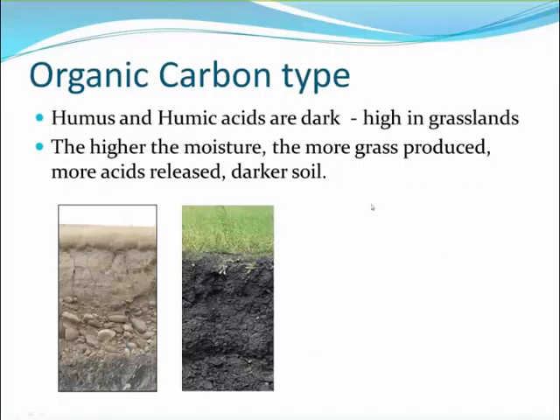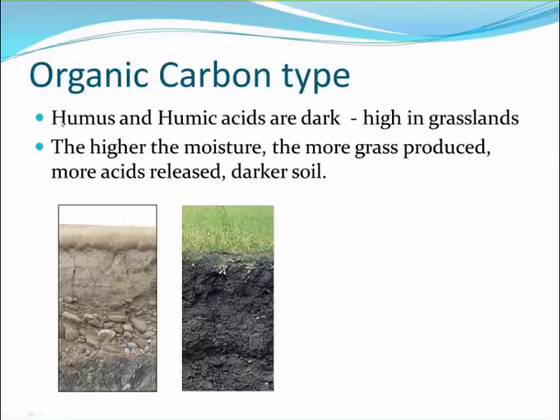So under organic carbon type, we have several different types, but let's look at grassland soils here. There are two pictures of grassland soils. The one on the left is semi-arid grassland, so there's not much moisture and not much carbon being produced.